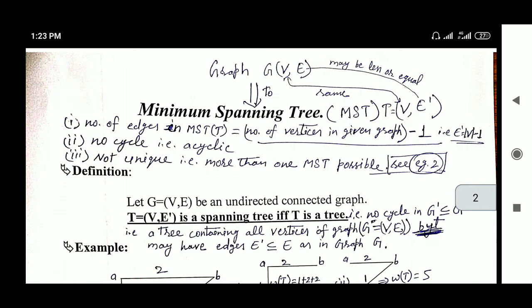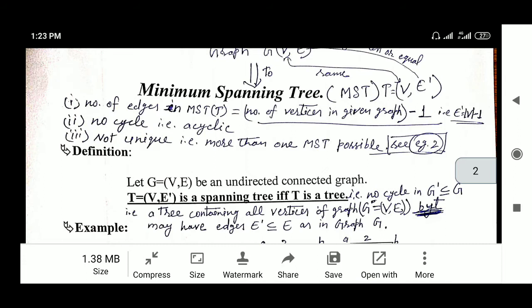So whenever we are given an undirected weighted cyclic graph and we need to find out the MST of that graph, then the tree does not have a cycle, with all the vertices given in the graph and number of edges equal to number of vertices minus 1, and the weight of the tree should be minimum among all spanning trees.